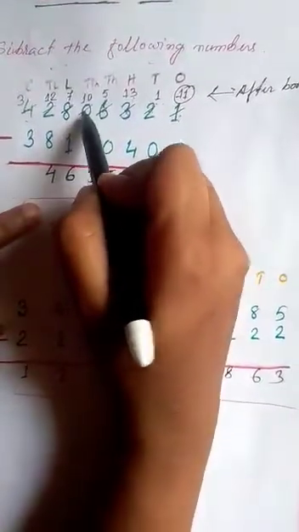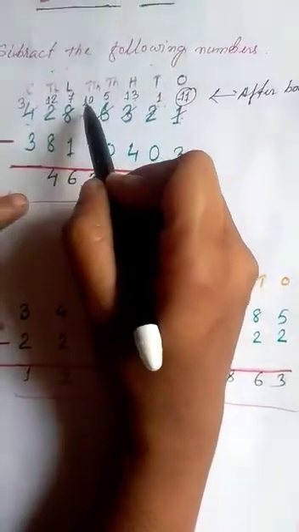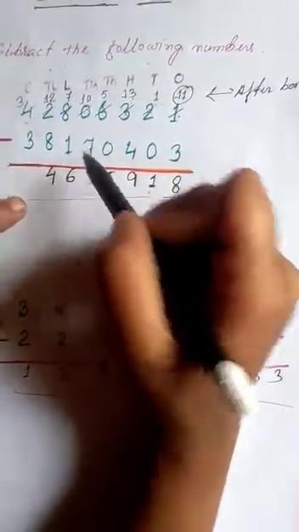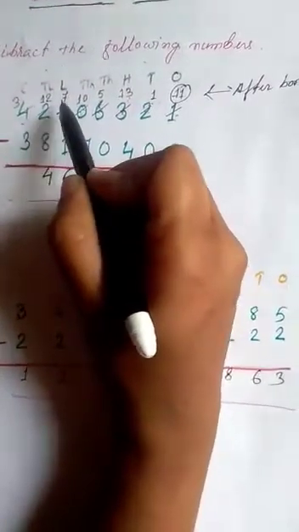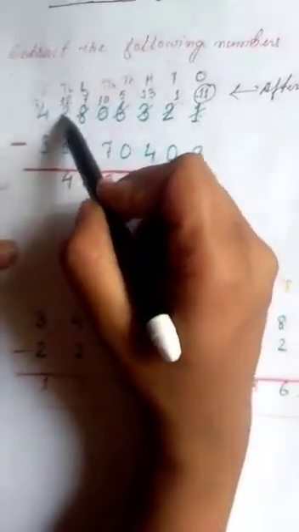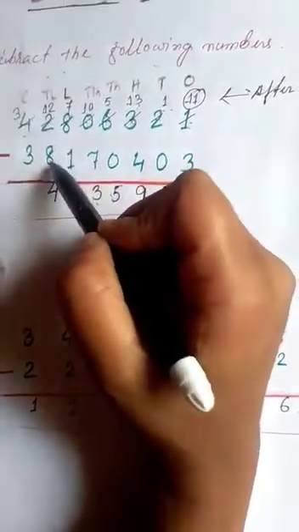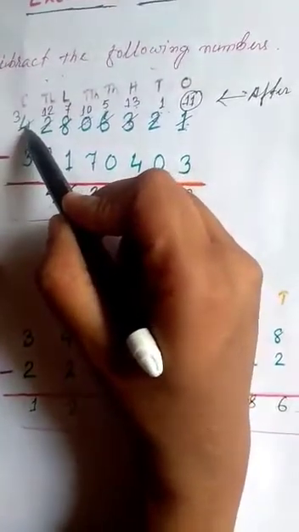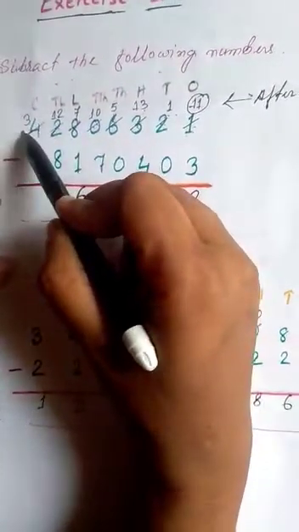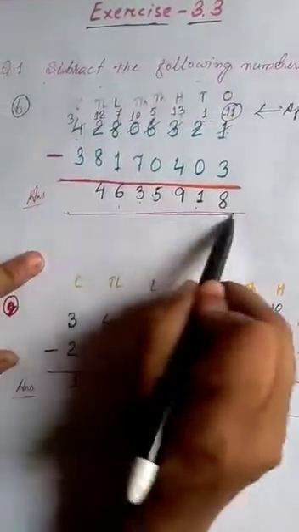And 0 minus 7 we cannot do, so we have to take 1 from this place. It will be 10. 10 minus 7 is 3. Now 8 has become 7. So 7 minus 1 is 6. And there, 2, we have to take 1. So 12 minus 8 is 4. And as we have borrowed 1 from the 4, it is now 3. And 3 minus 3 is 0, so no need to write the 0. And this is our result.